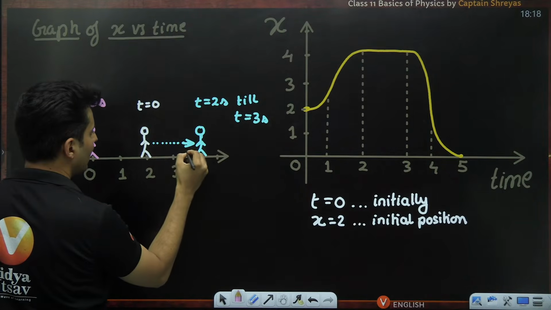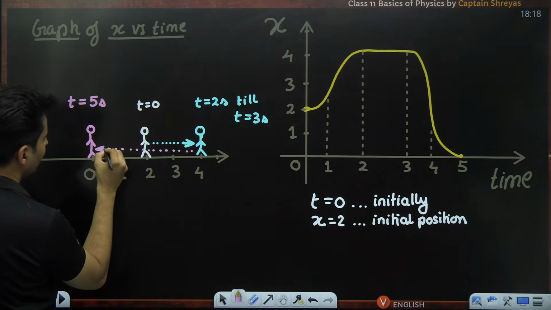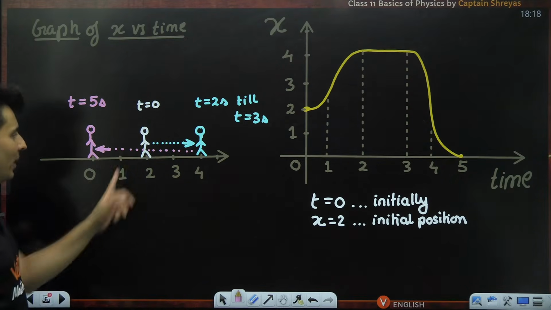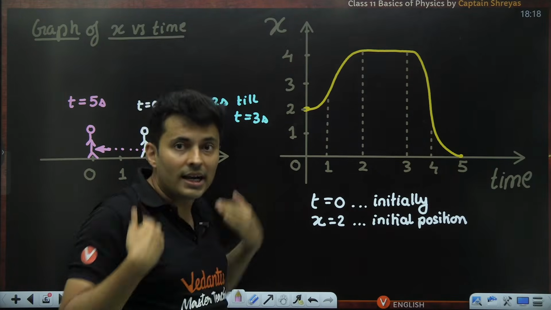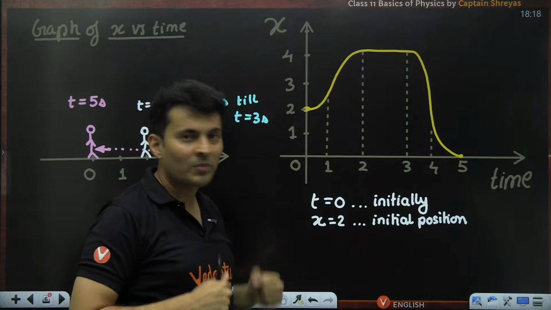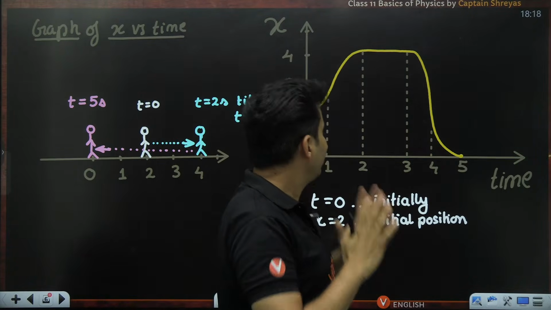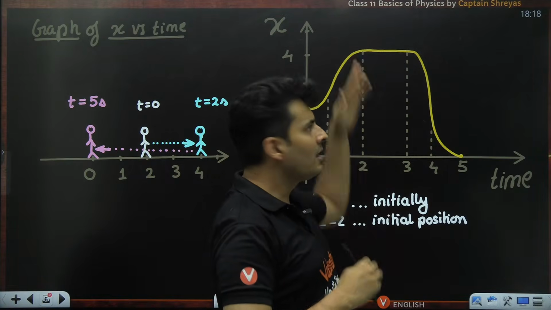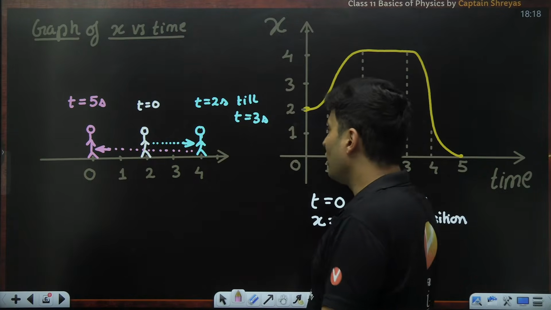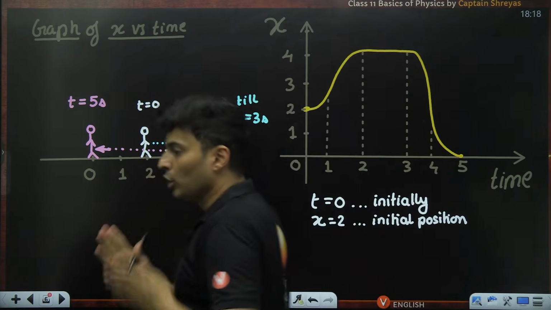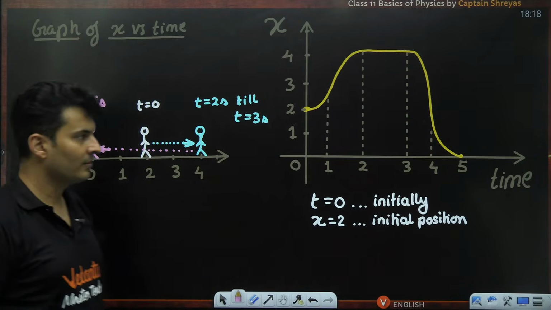That means the person has traveled back, crossing this point over here. Is this understood, guys? So what has the person done? At 0 seconds, he was already 2 meters ahead of the origin. Till 2 seconds, he went ahead. He stopped at 2 seconds and waited for 1 second, and then he turned back. He turned back and then traveled back to the origin at 5 seconds.